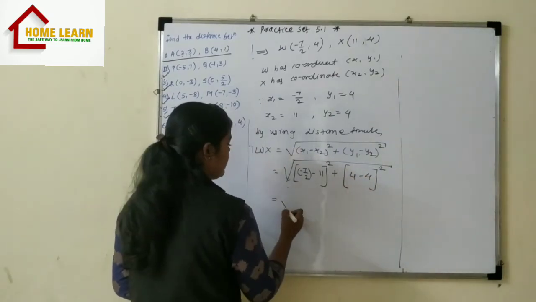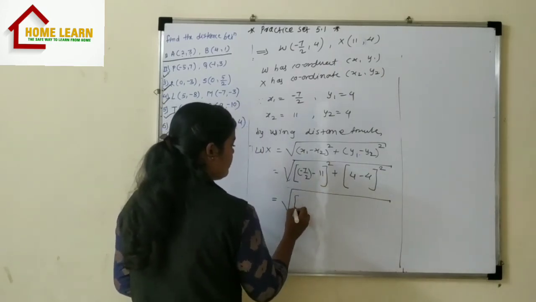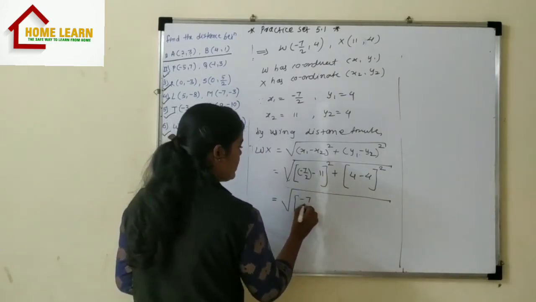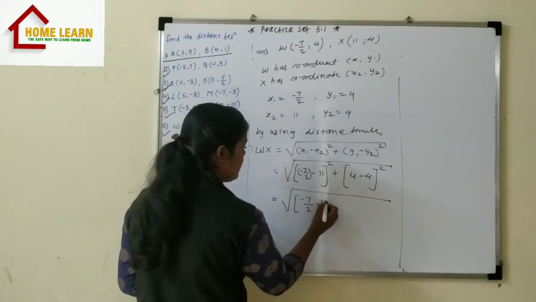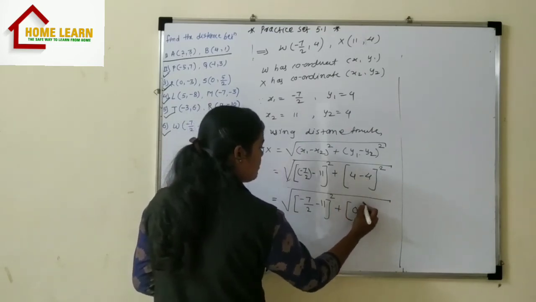Let's solve these brackets. Remove the brackets: (-7/2 - 11) squared plus (4 - 4), which is 0, squared.